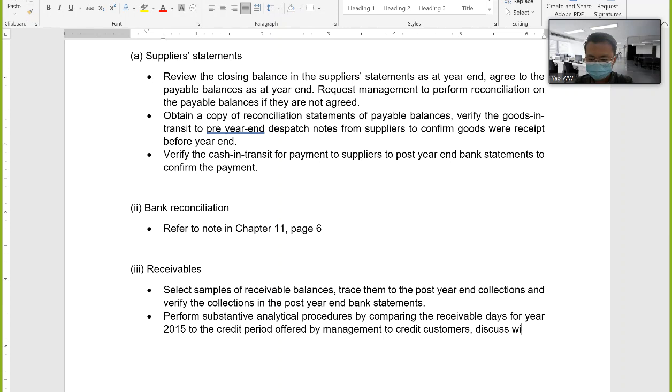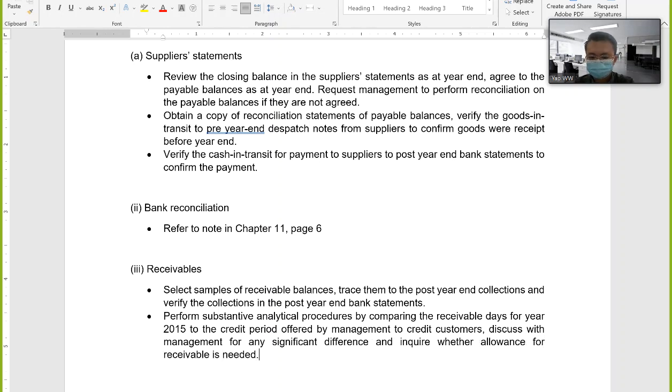So, discuss with management for any significant difference. And inquire whether allowance for receivable is needed. Okay. If, let's say, there was an increase in the receivable days.